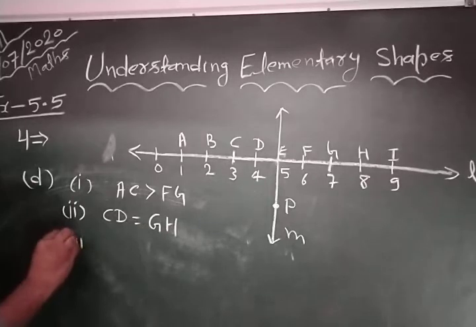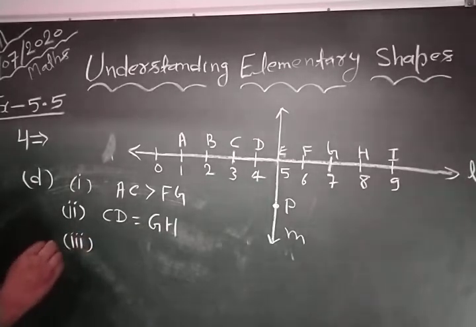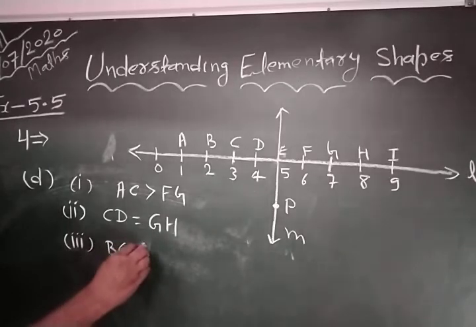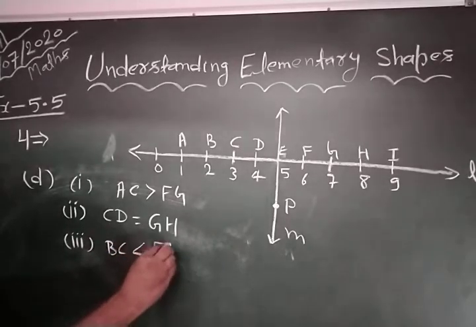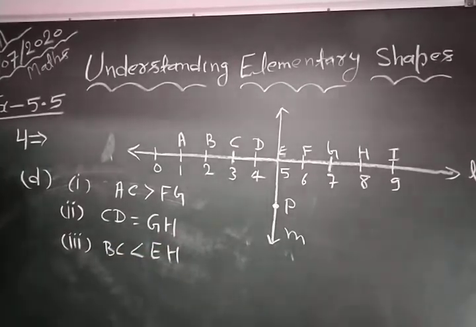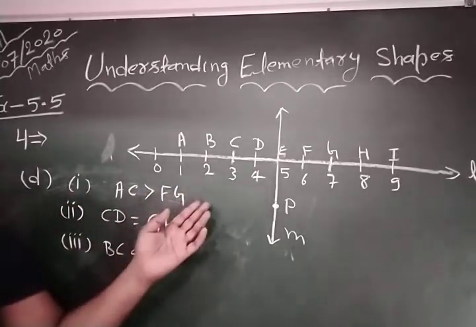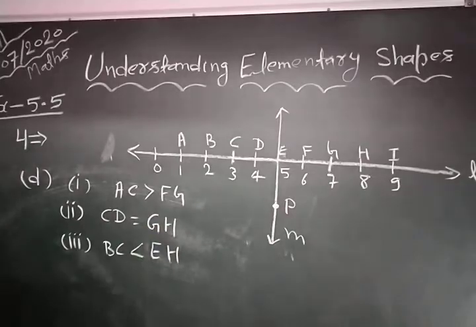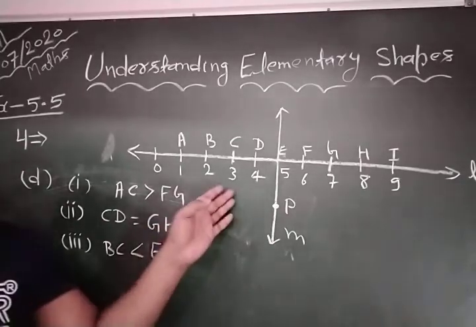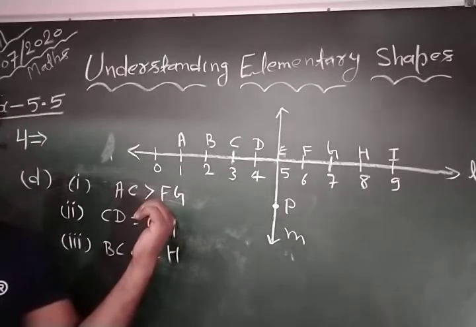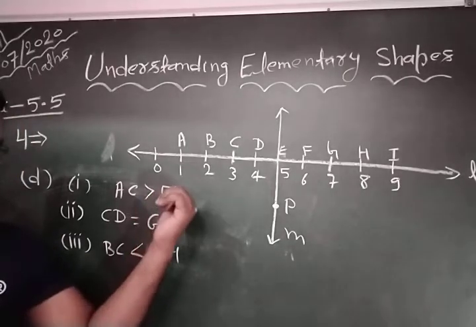And the third, BC is less than EH. Okay, this is given, and according to the given diagrams, we identify whether these are true or false.